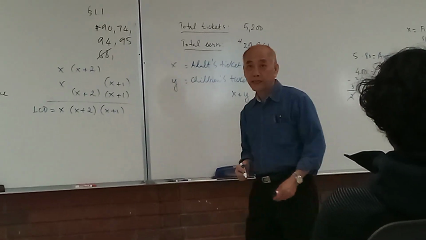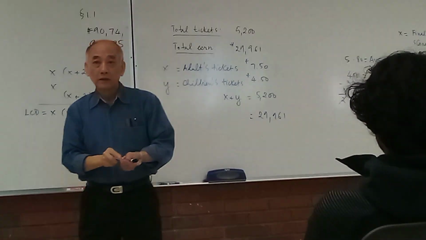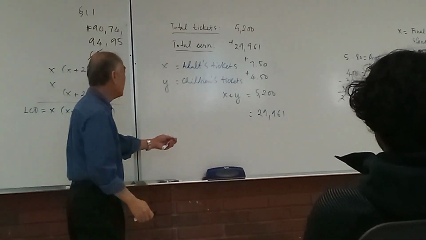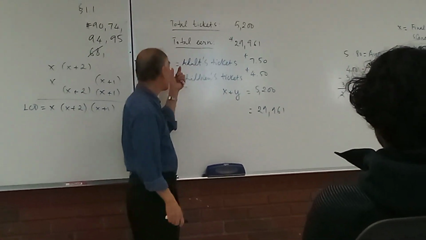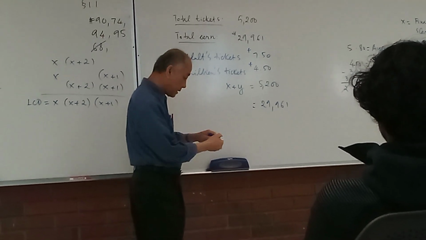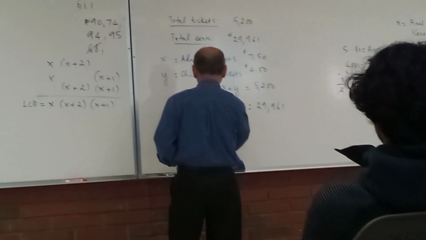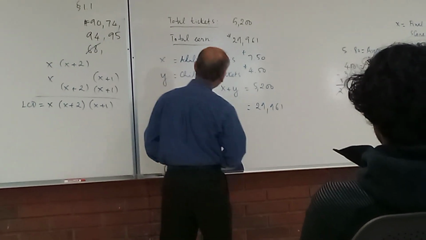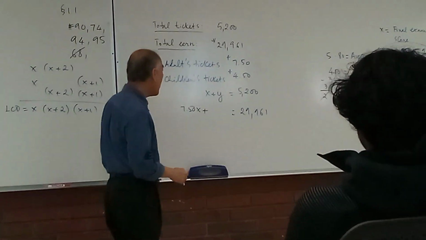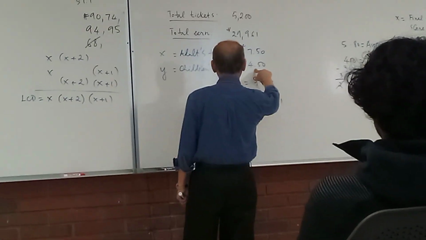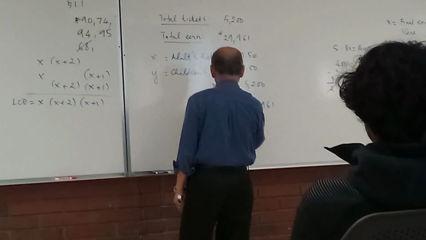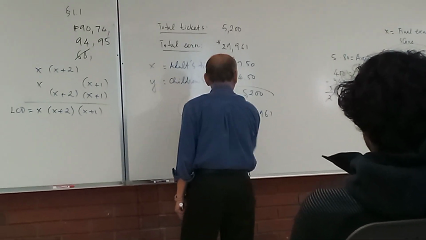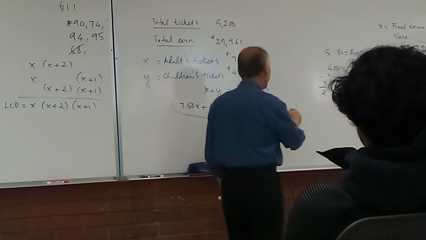What could be the left-hand side? 7.50X plus 4.50Y. The price for each adult ticket X is 7.50, plus the children's ticket Y is 4.50. And you have two equations and two unknowns. Solve for X and Y from here.